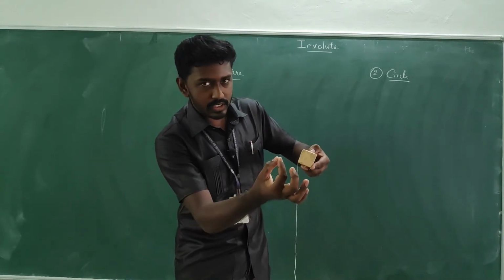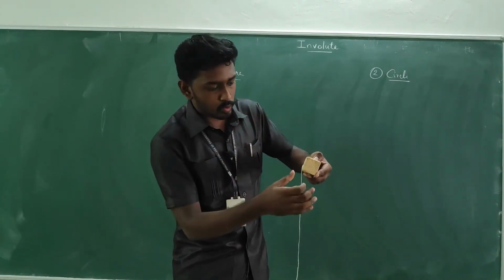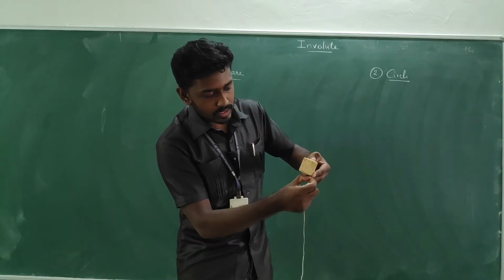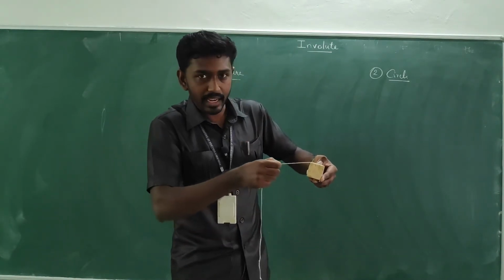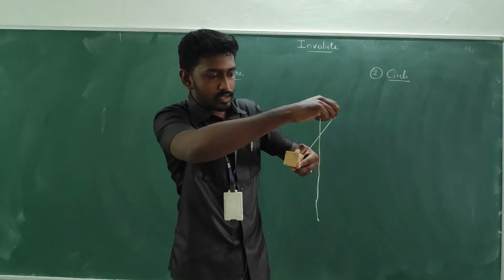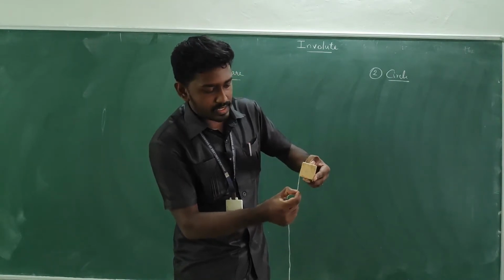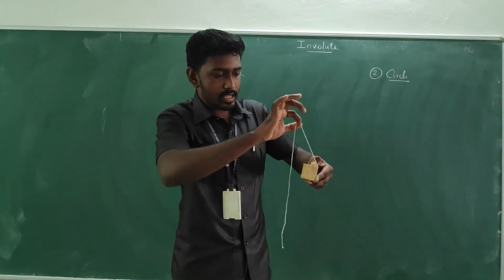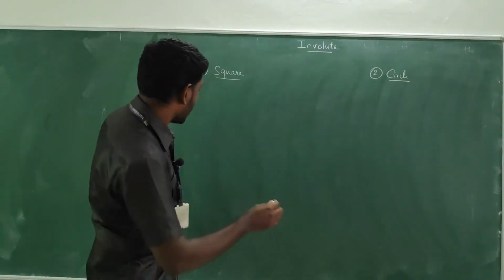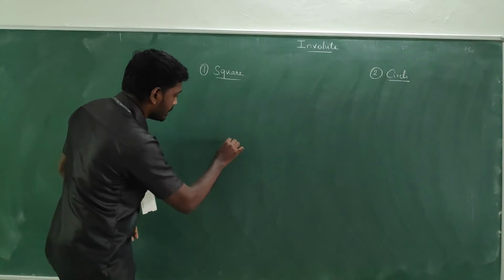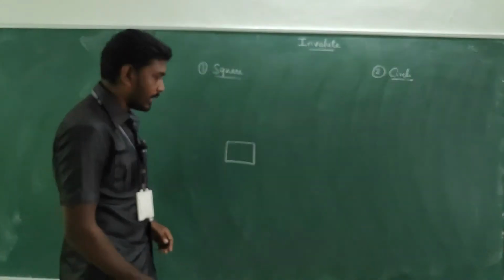Just put your side to the thumb and see how it moves as it traces. When it unwinds, you could see the movements, something like this, right? It goes like this. When I unwound, the end of the string traces in this manner. For your better understanding, I can show it on the square.